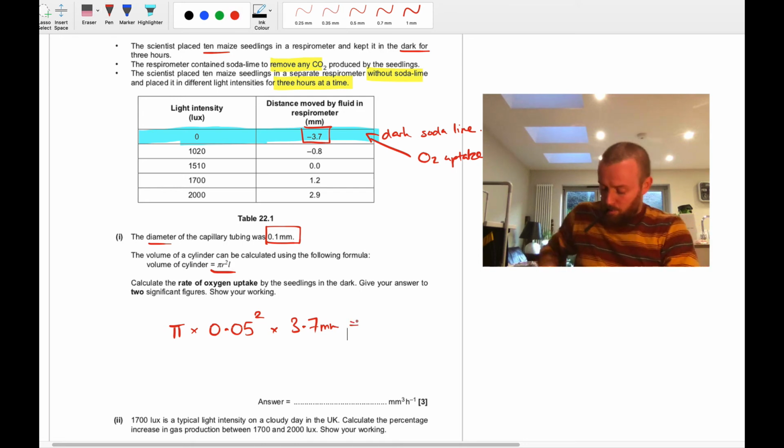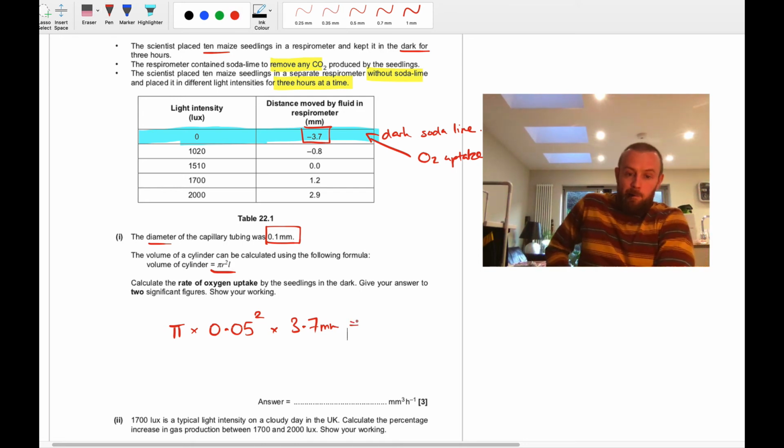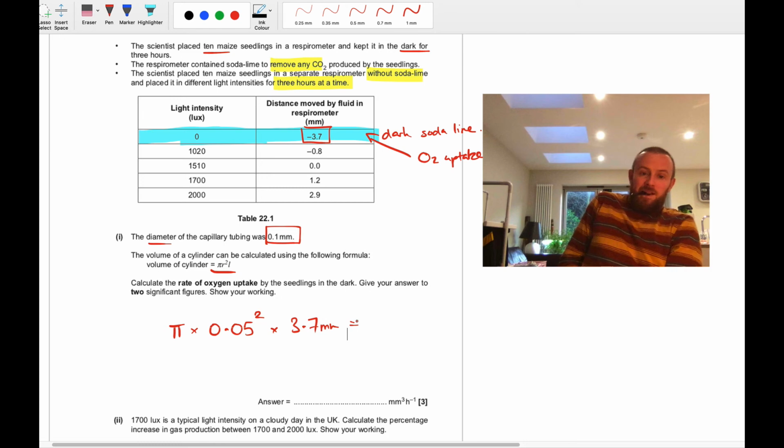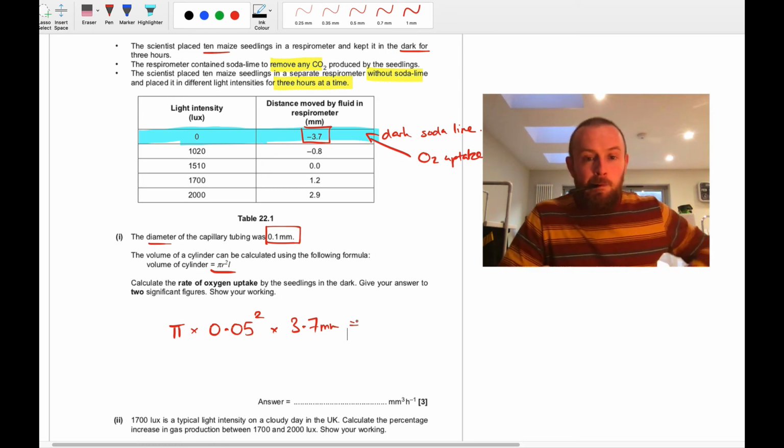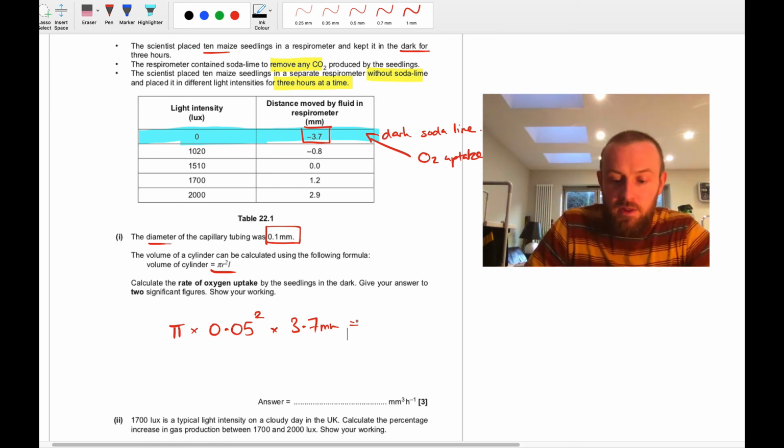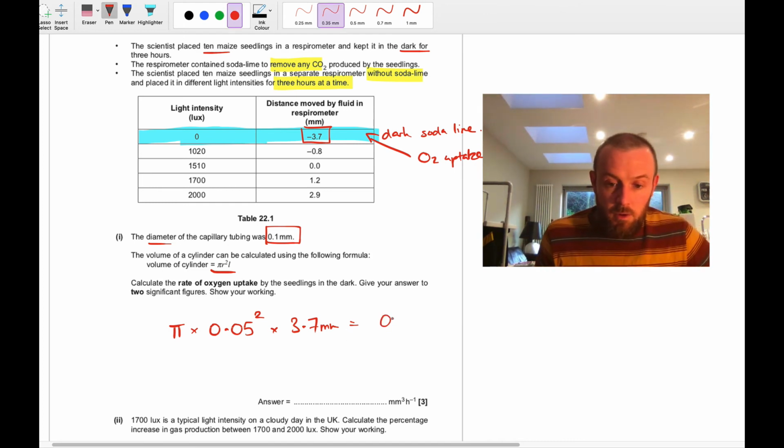And if you plug that in your calculator, we're going to get the volume taken in. We've got 0.029 millimeters cubed.